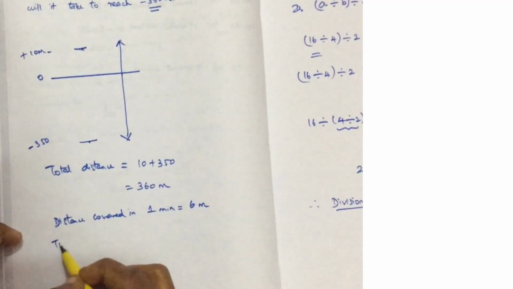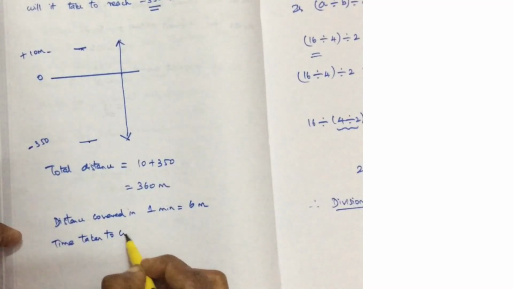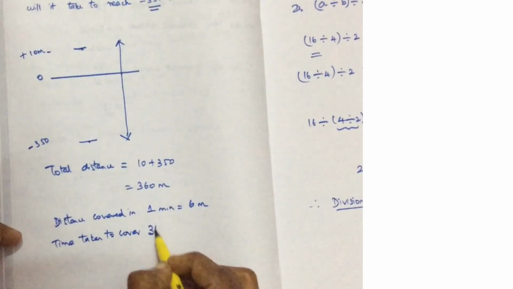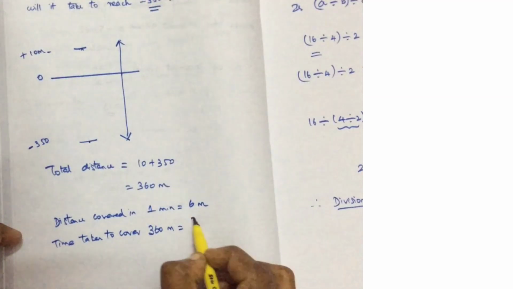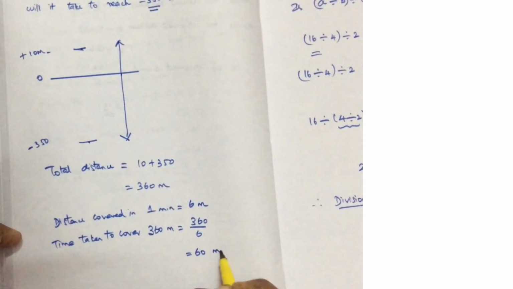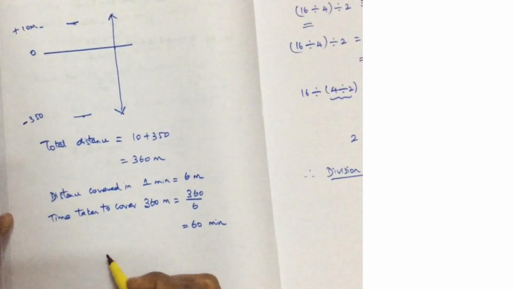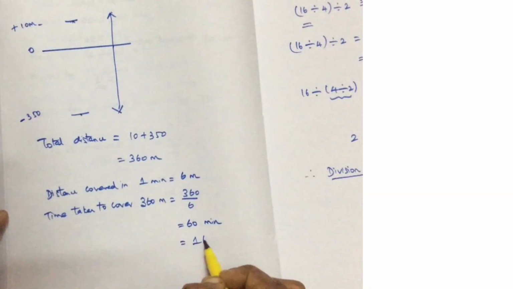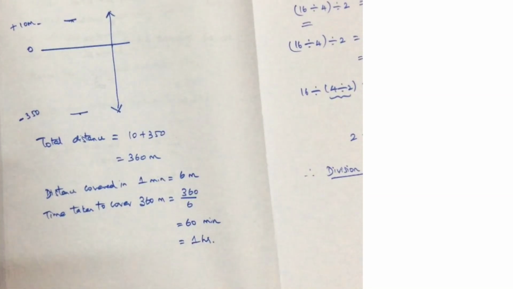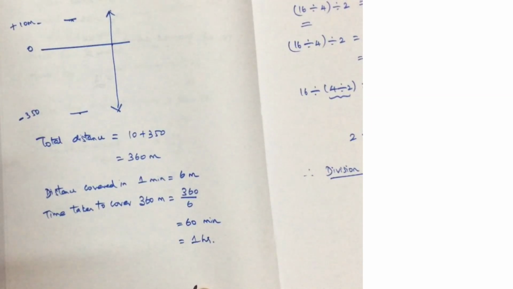Therefore, the time taken to cover 360 meters is equal to 360 divided by 6, that is equal to 60 minutes. That is equal to 1 hour. So to travel a distance of 360 meters, it takes 1 hour.